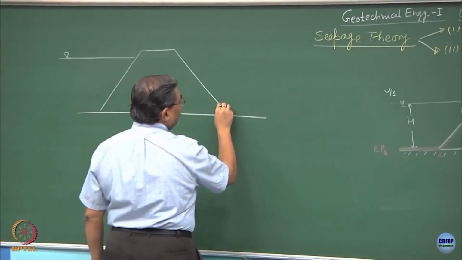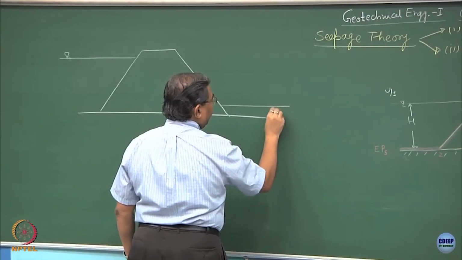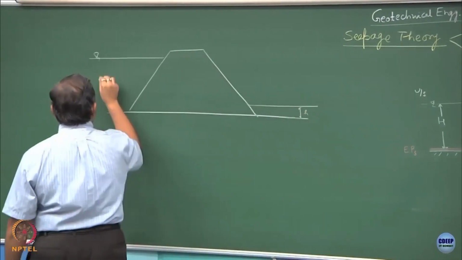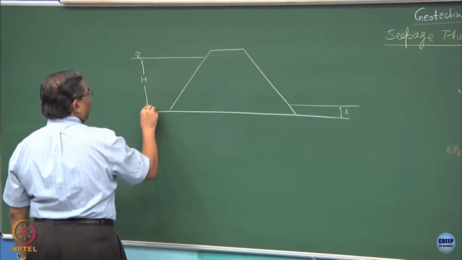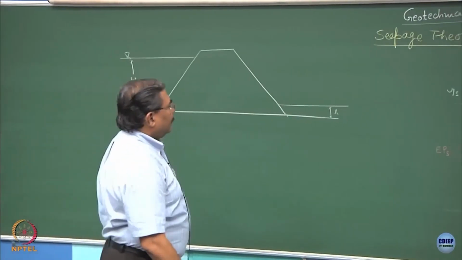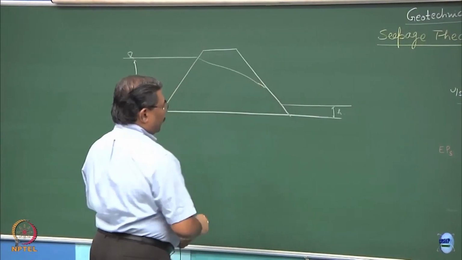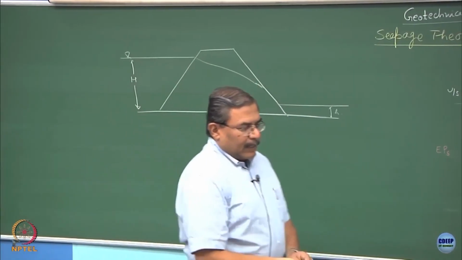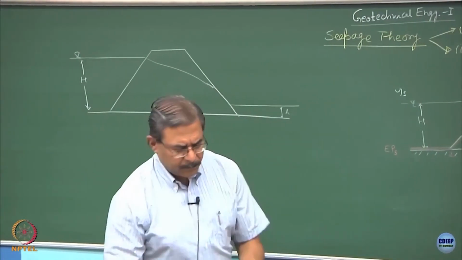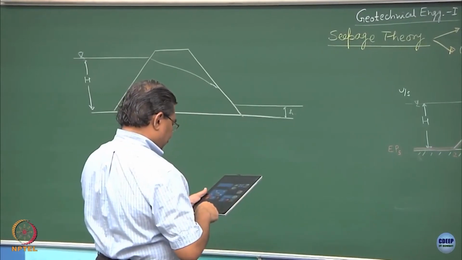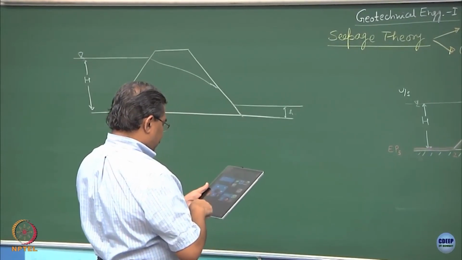There is a tailwater here, and this is the phreatic line which is developing over here. Now, if I start doing the analysis, I will just give you few steps I might like to skip.